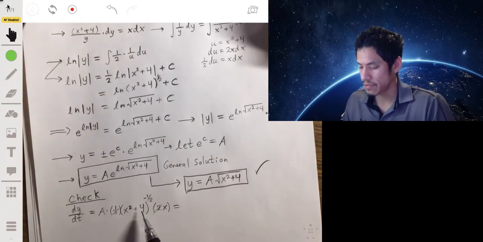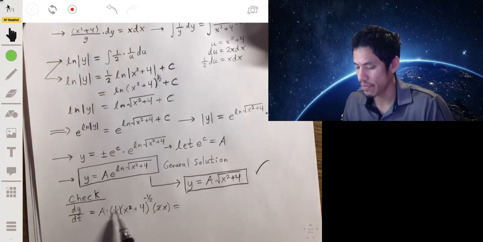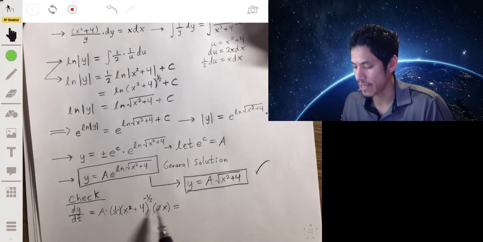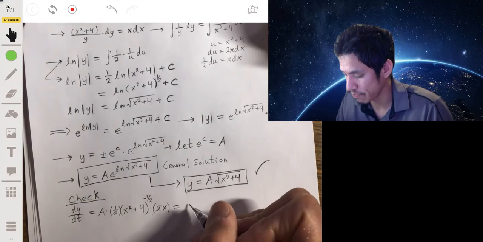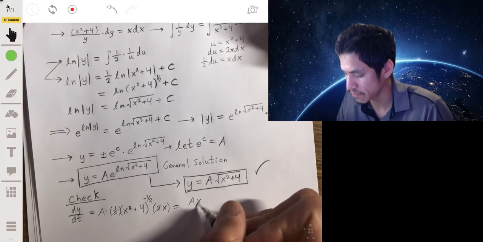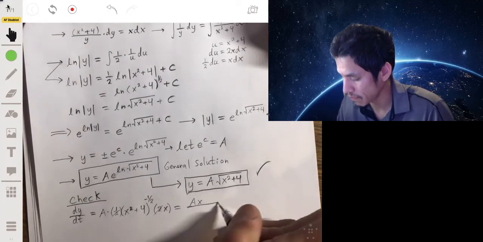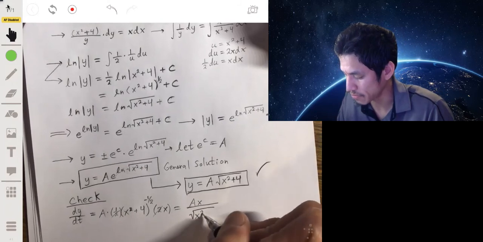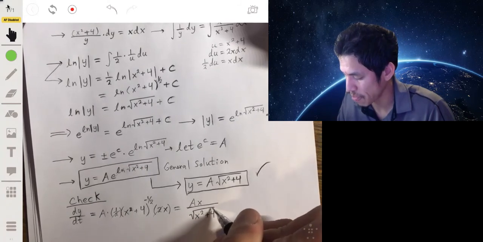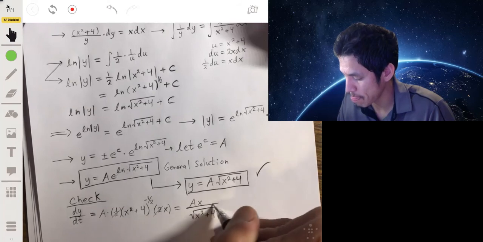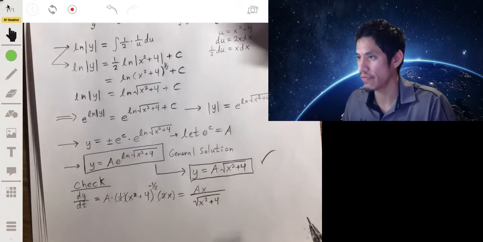These 2's will cancel, and we'll just have a times x over the square root of x squared plus 4. So we'll have ax over the square root of x squared plus 4 as our derivative.